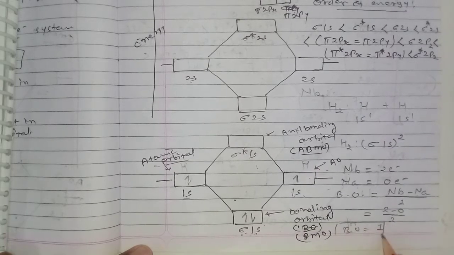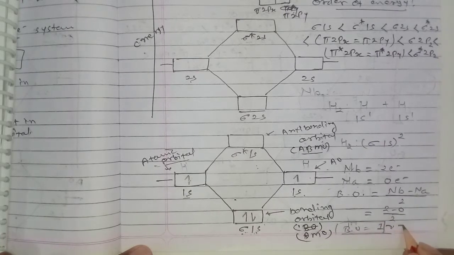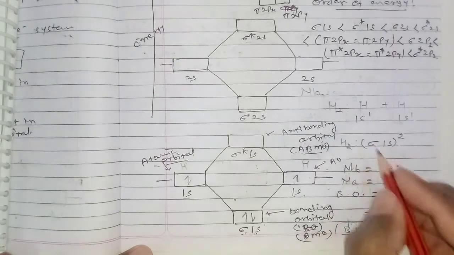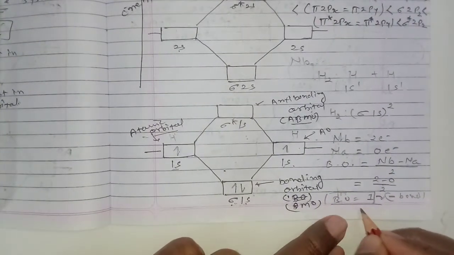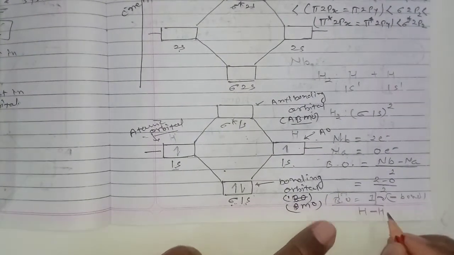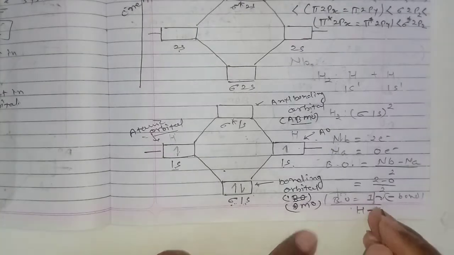Its bond order is 1. That means there is a single bond between the two hydrogen atoms.